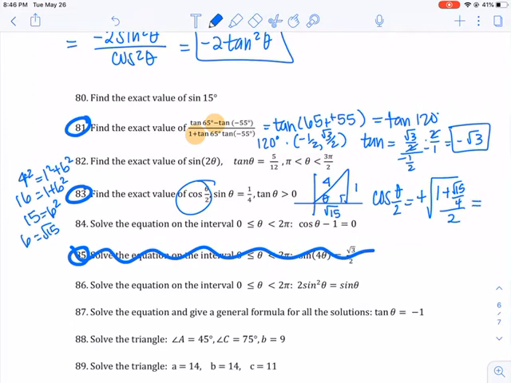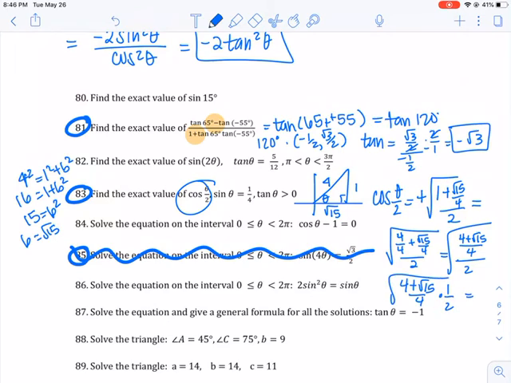So underneath the radical, the 1, let's change to 4 over 4, plus rad 15 over 4, which is 4 plus rad 15 over 4, all over 2. Okay, so underneath a radical, if you're dividing by 2, same as multiplying by 1/2. So I have 4 plus rad 15 over 4 times 1/2, which is 4 plus rad 15 over 8.